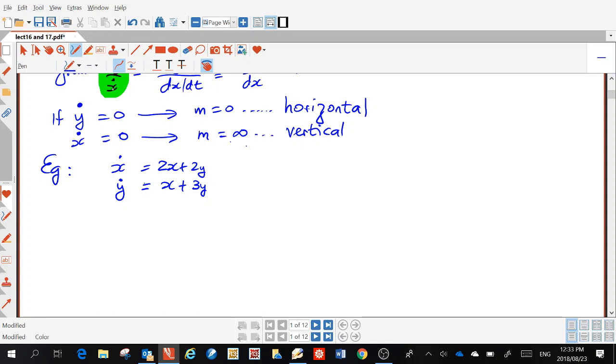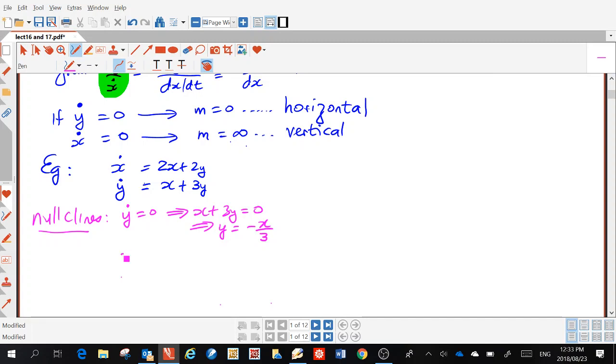So the NULLCLINES. y dot equal to 0 implies x plus 3y is 0, which means that y is minus x over 3. It's a straight line.